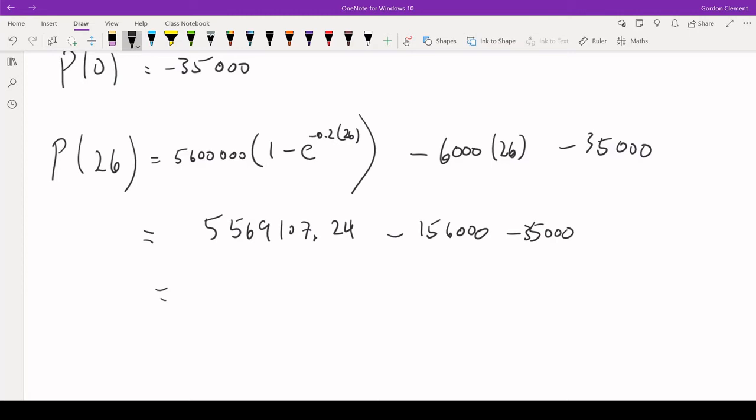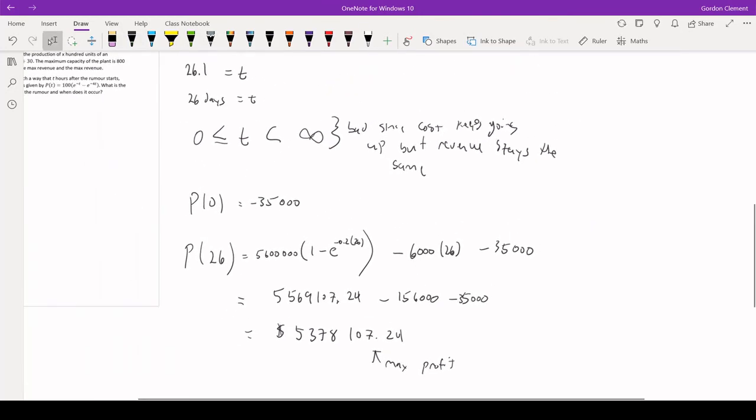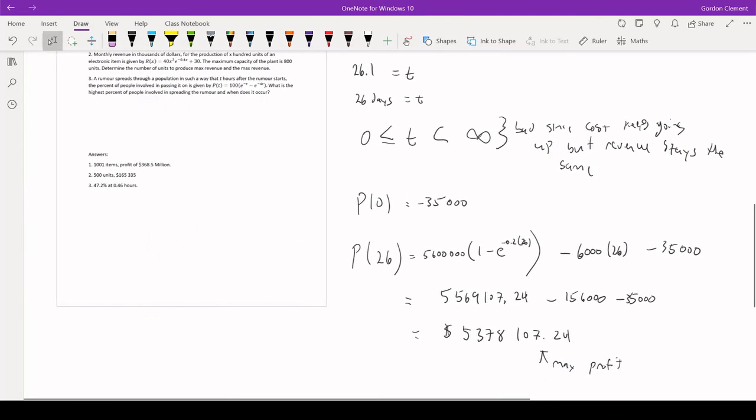And that balances out to a total profit of... we would write a sentence saying that that's the max profit for the company. So the company should run the ad for 26 days and they'll make $5.4 million at the end of the day, which is, I'm guessing, a pretty good payday for them.